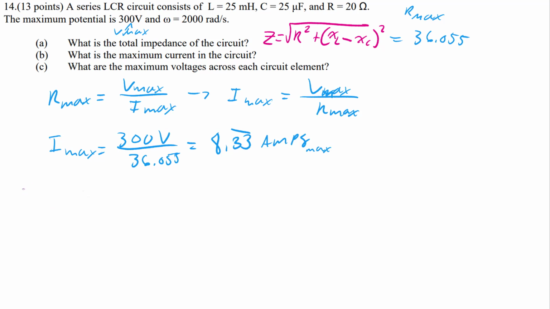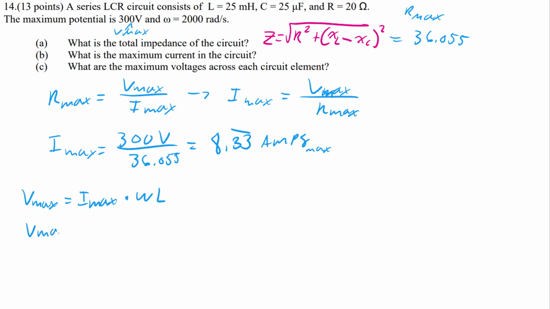So for L, we can use that V max is equal to I max multiplied by X sub L. But X sub L is really omega times L, right? And we're trying to find the maximum voltage.